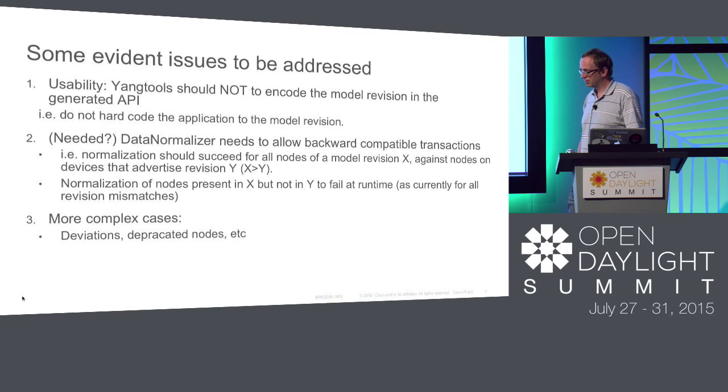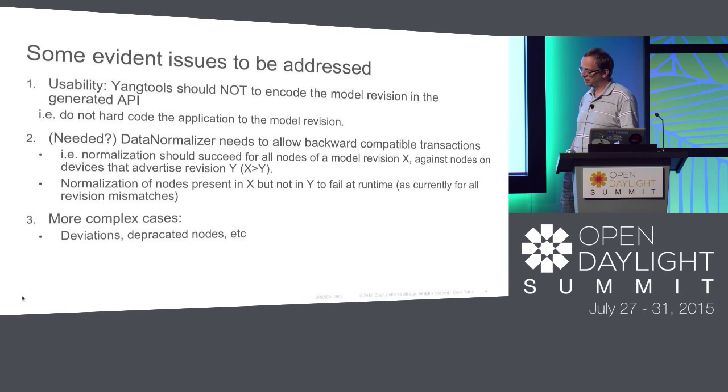But if the application is written against the newer model and you are communicating with an old device with the older model, the device understands only a subset of your vocabulary. Mm-hmm. And given that you have a utility which automatically translates the data to the older revision, I can safely translate all the data which were present in the older revision.